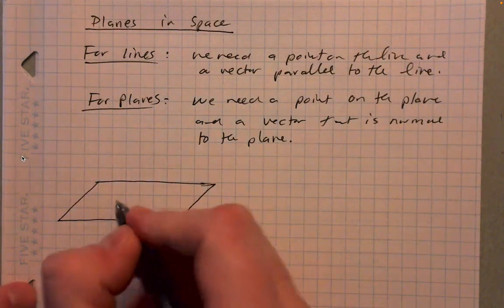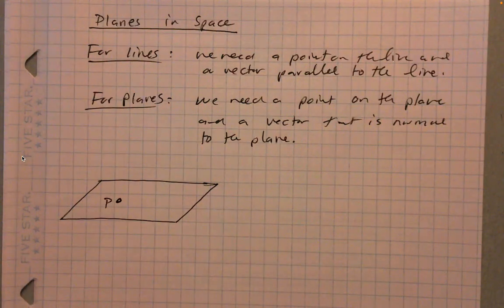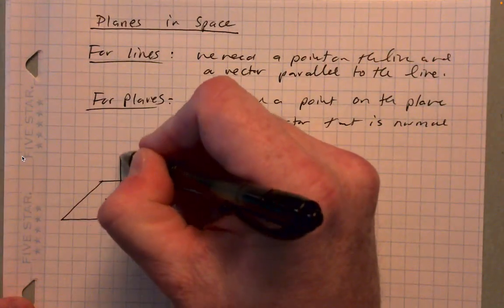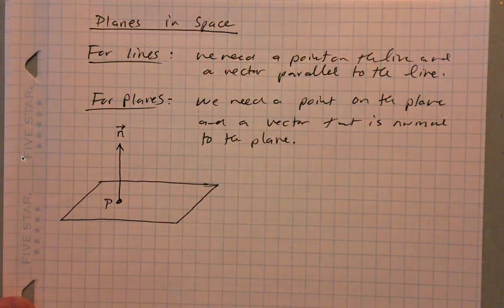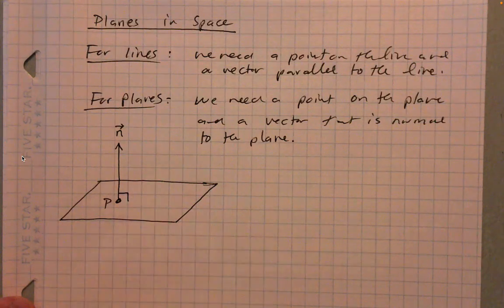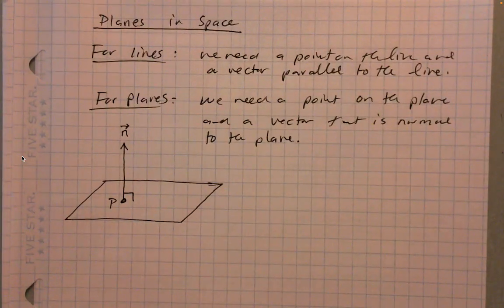Then I'm going to draw a point P in the plane, and coming out like this will be our normal vector. Normal, of course, means that it's at a right angle to the plane. So we want to consider a plane like this that contains the point P.